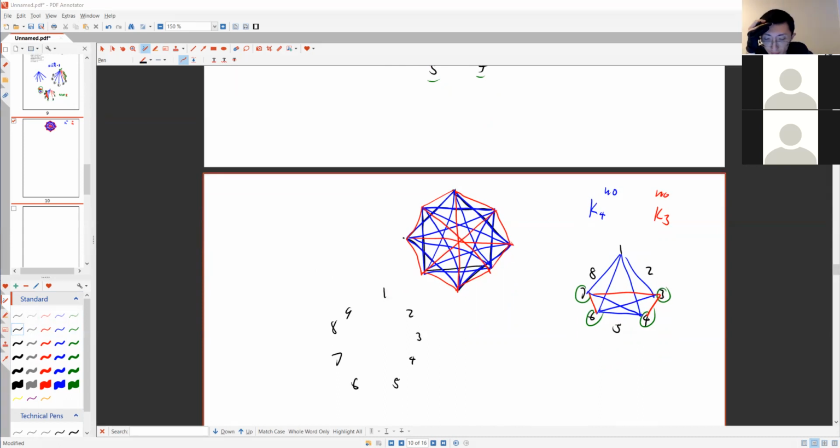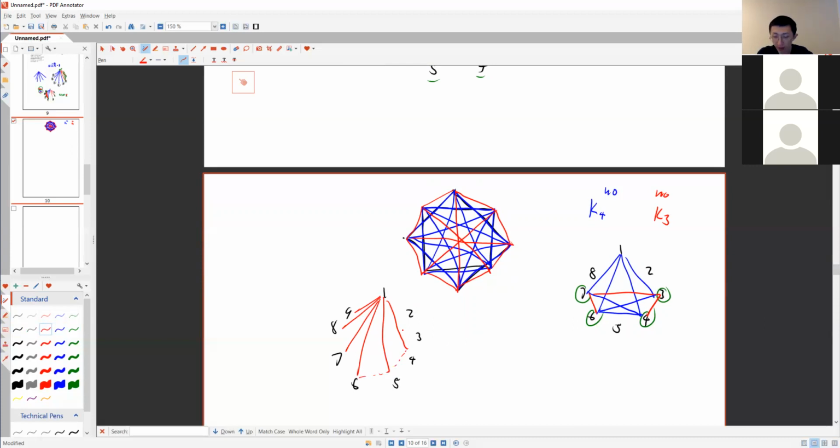Let's see. So I think there's 2 cases. One is if I have 6 reds, right? 1, 2, 3, 4, 5, 6 reds coming out of one, then I don't want any red triangles, no red K3, so none of these can be red, right?